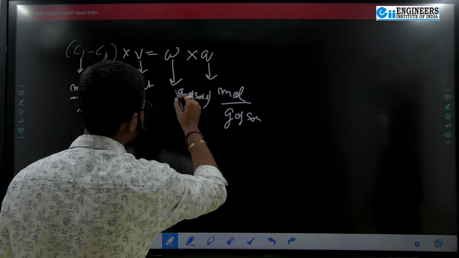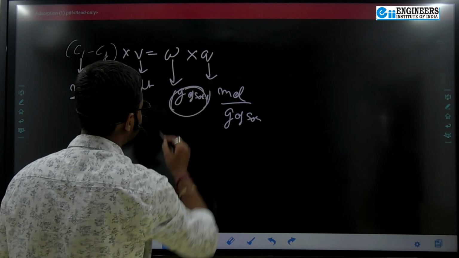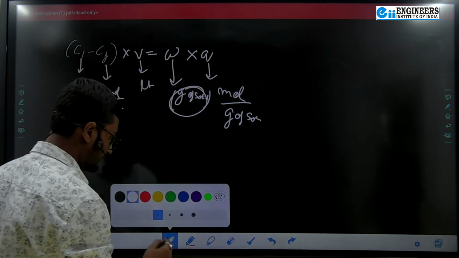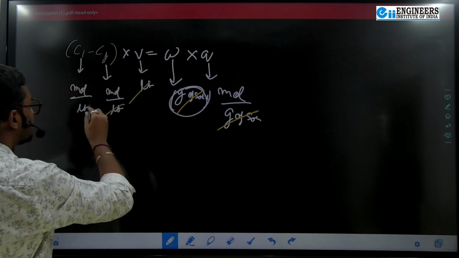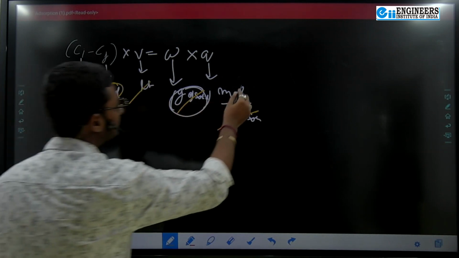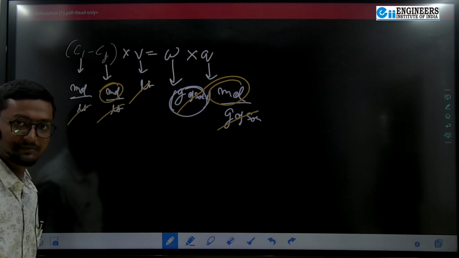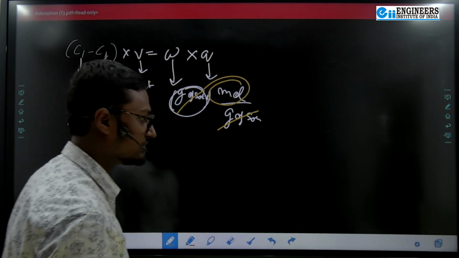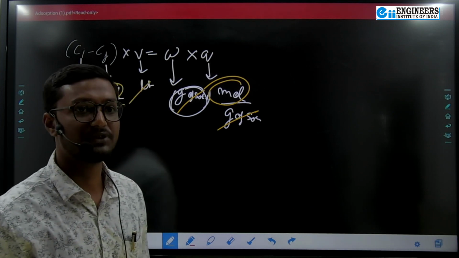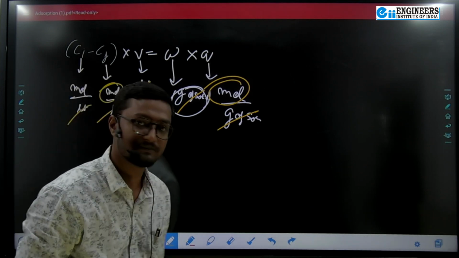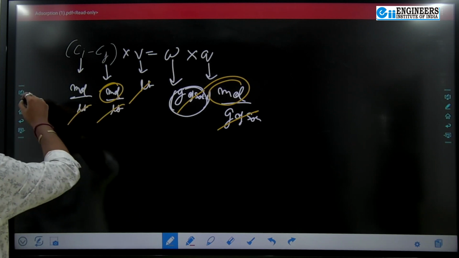The amount of adsorbent only, so it is gram of solid, and this one is also gram of solid. So this one will cancel out, and here liter will cancel out. So see, mole, and here also mole. So the unit is balanced, and we know that in chemical engineering unit balance is very important. Many questions come in the exams that we can directly solve only through unit balance. Okay, so this is clear.